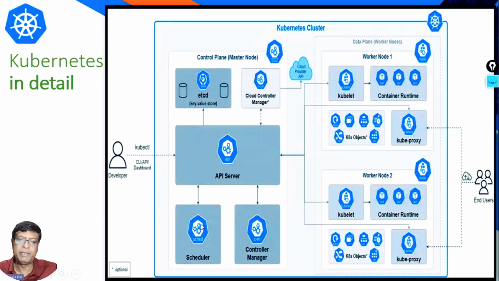So it will immediately go and bring up one more pod to make 3 by 3. 3 by 3 pods should be running at any point of time, because that is what you desired. If you needed that application to run 5 by 5, that is 5 pods running against 5 replica set, then you will always maintain that.